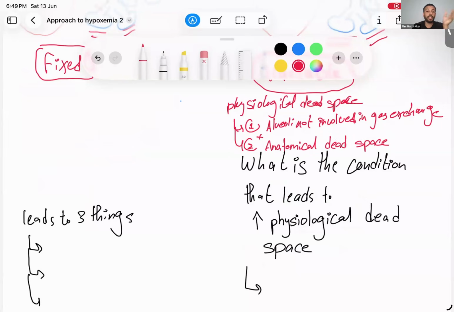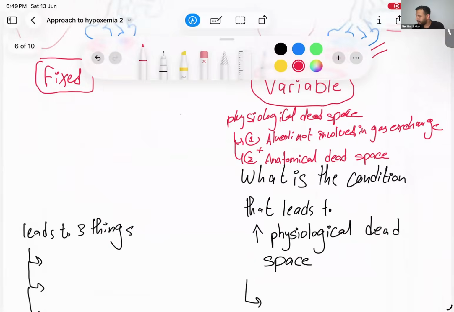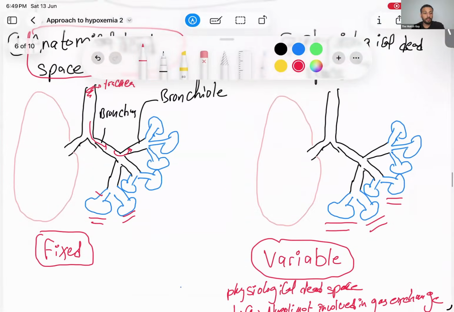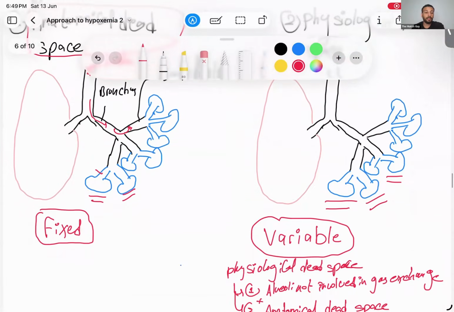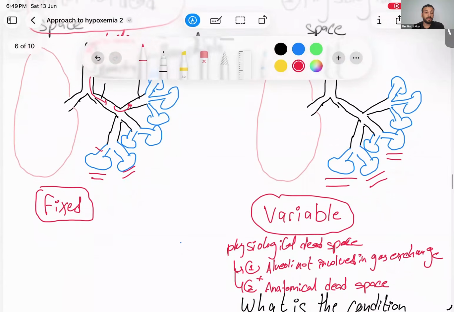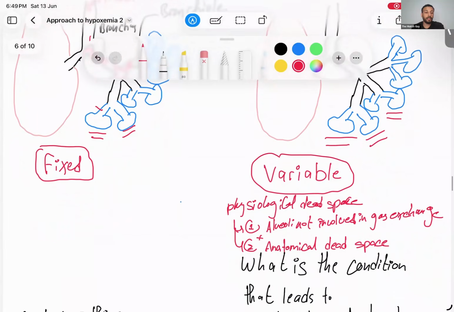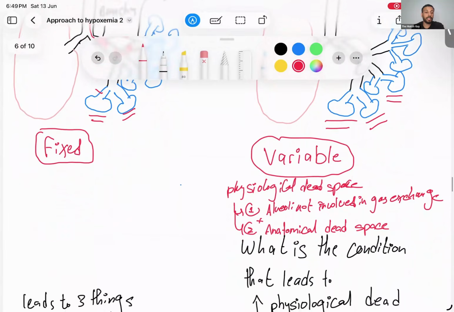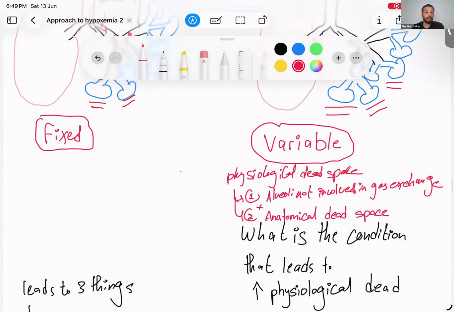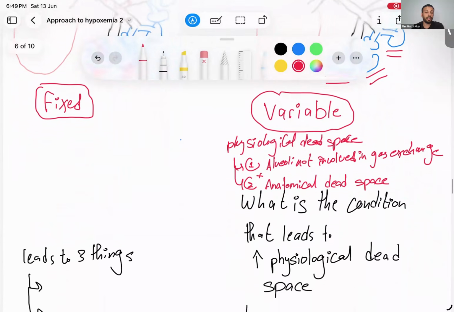So physiological dead space is the total dead space in the body: the anatomical dead space and the alveoli not involved in gas exchange. So far, is everything clear, guys? Does any one of you guys have any questions? Because we're gonna go through questions right now.